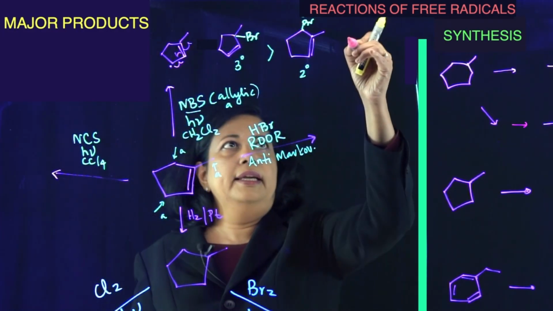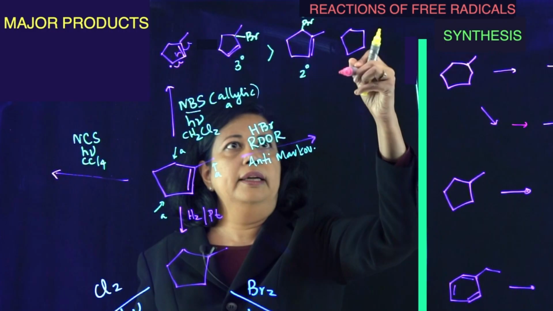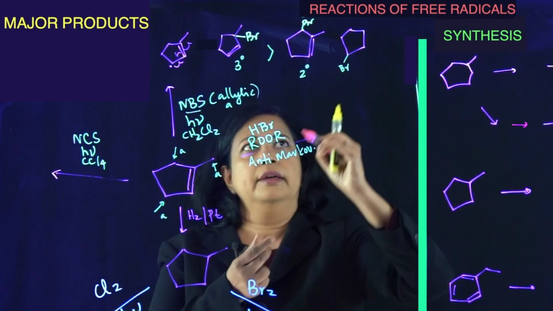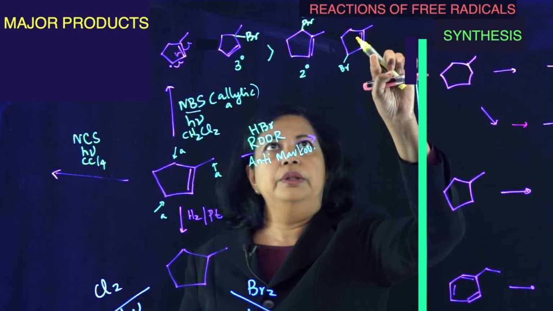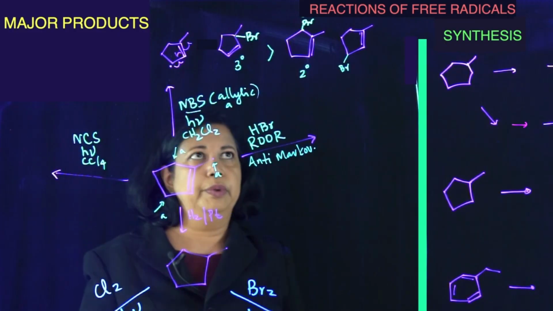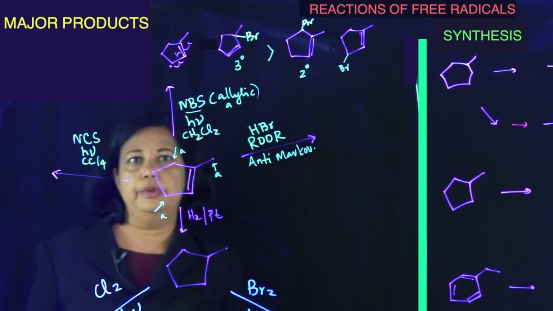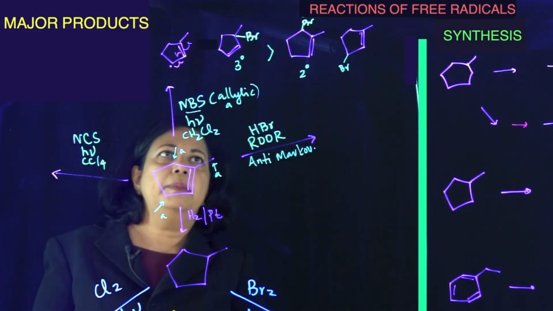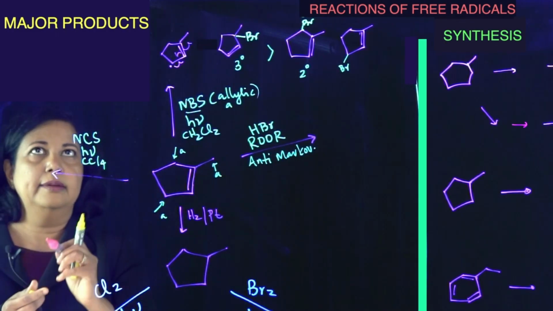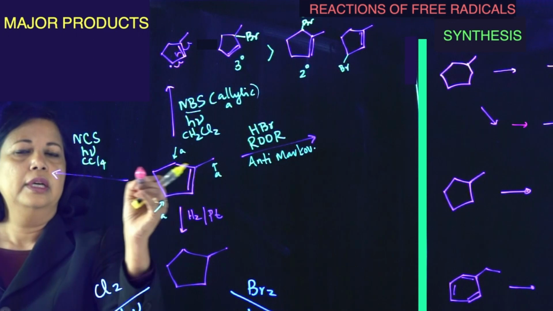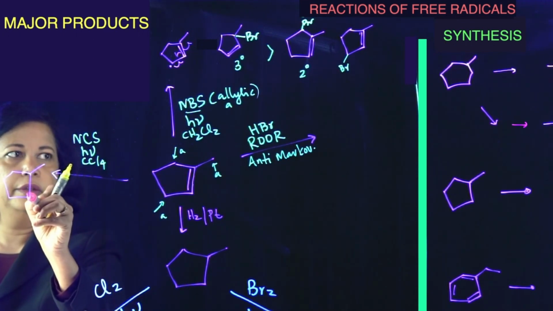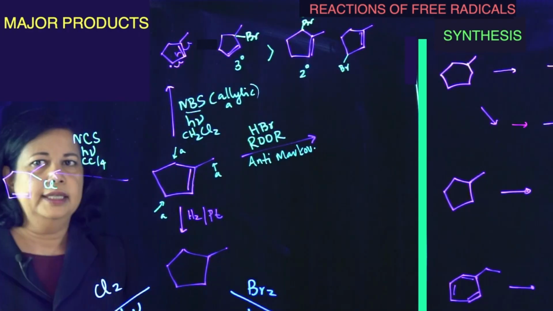All right, and that is going to be another one right here with the radical here, and you also will put it over here or here. So all along this, you will be putting your bromine. Okay, I'm just going to draw a few. Same with NCS. This is probably going to be a lot more selective than chlorine, and since I'm just going to put major, I'm going to put the major product here, chlorine.